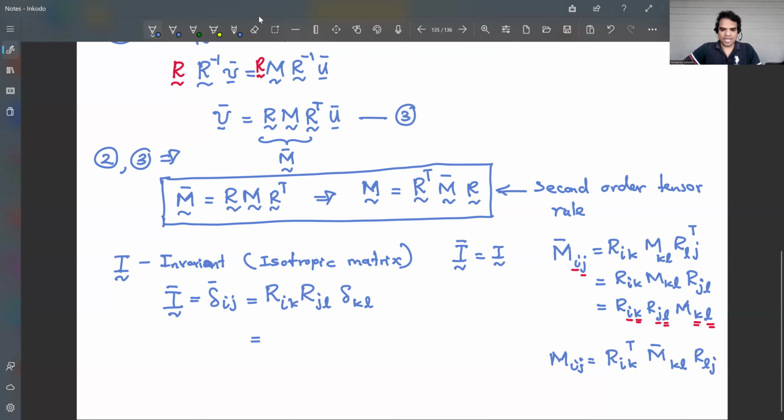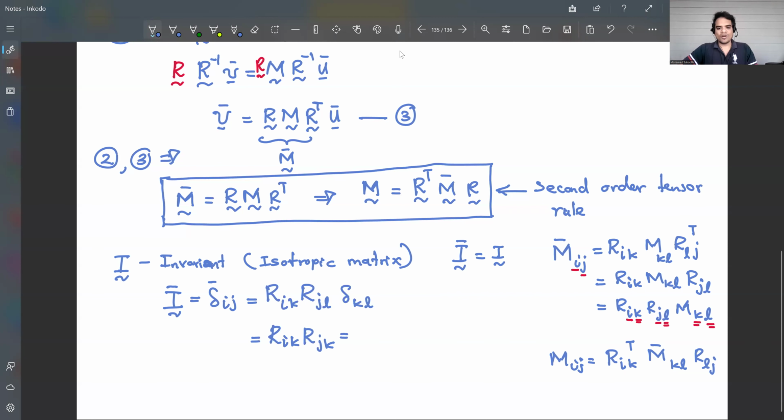So now you can see I'm going to apply the Kronecker delta property here, right? The same index I have to remove, and replace that one with the other index of the Kronecker delta. That means R I K, R J K, right?